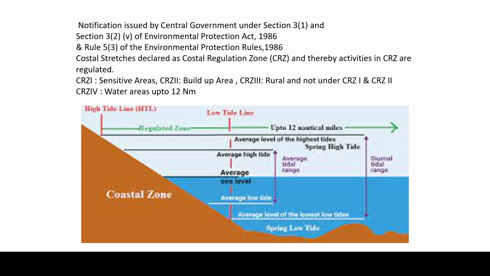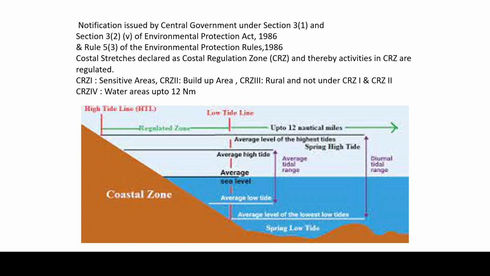And finally we have CRZ4, which covers the water areas up to 12 nautical miles. Basically the differentiation into CRZ1, 2, 3, 4 is so that the central government can control these waterfronts very easily.